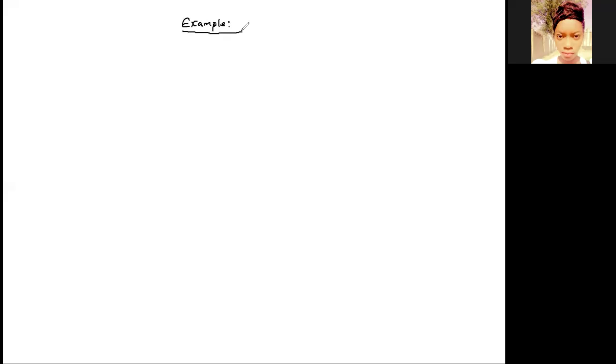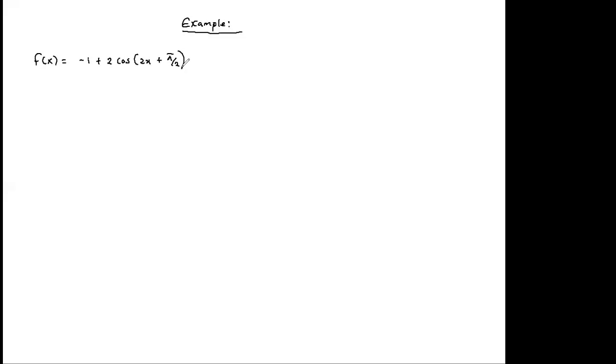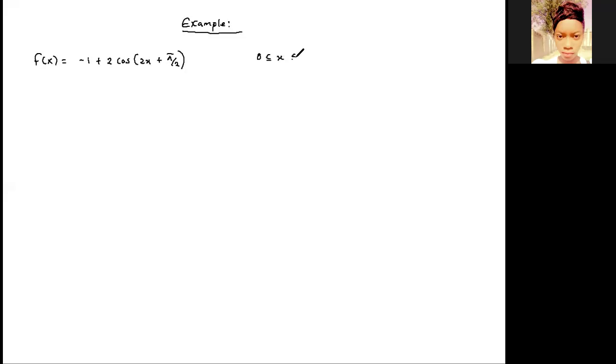So find the period, the amplitude, and the phase shift of the function f of x is equal to -1 plus 2 cos(2x plus pi over 2). Find the phase shift, the period, and the amplitude. And then, hence or otherwise, sketch the graph of y is equal to f of x in the range 0 less or equal to x less or equal to 2 pi.